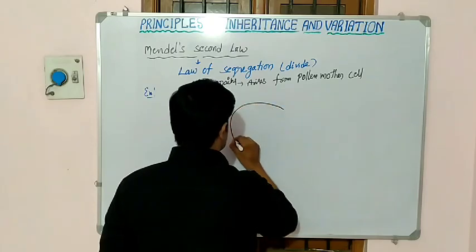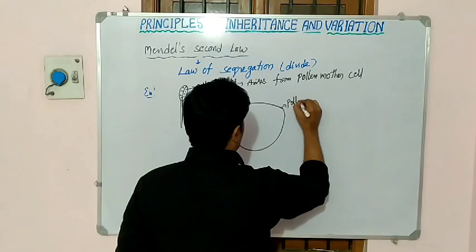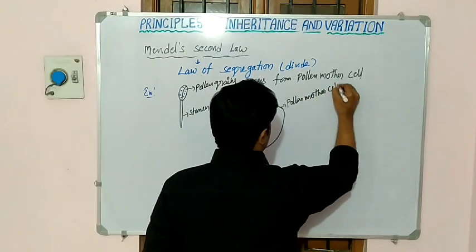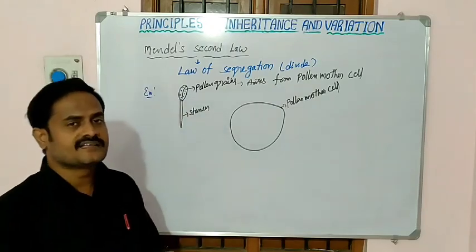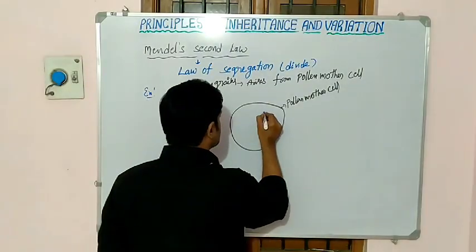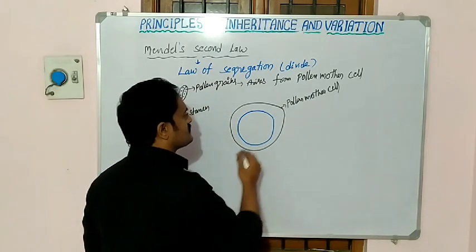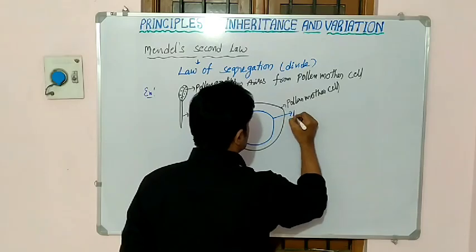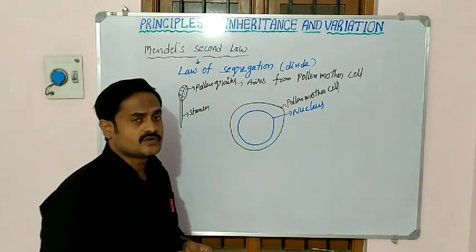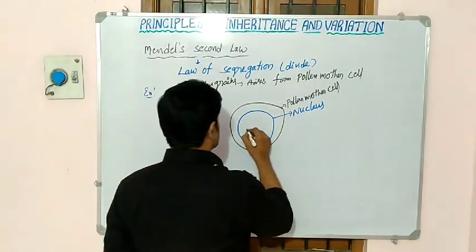Suppose this is the pollen mother cell. Inside the pollen mother cell, there is a nucleus. Already you know inside each cell there is a nucleus. So this is the nucleus. Inside the nucleus are chromosomes.